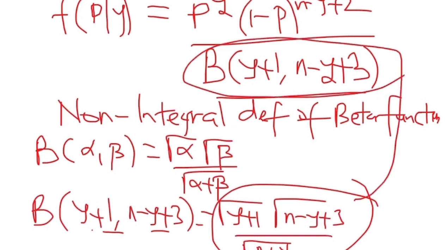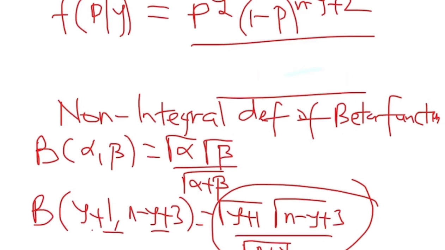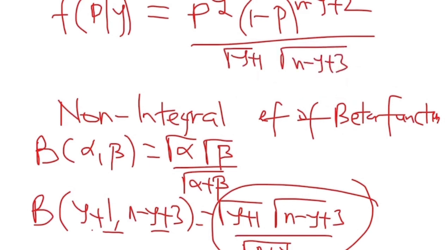If I put that guy here, of course, let me clean up now. When I put that guy, I'm actually going to have gamma y plus 1, gamma n minus y plus 3 divided by gamma n plus 4.